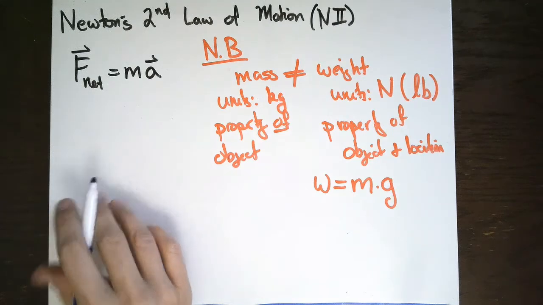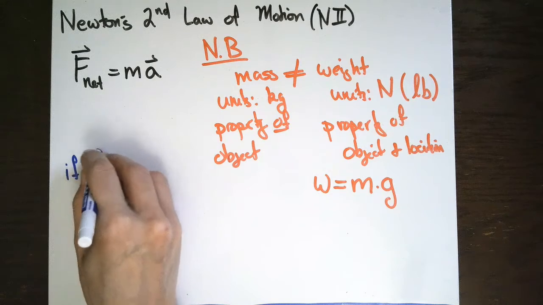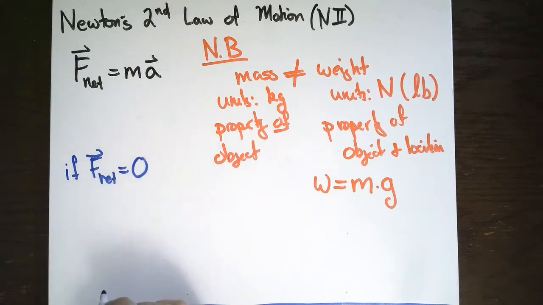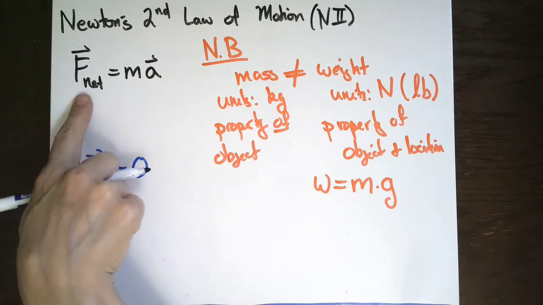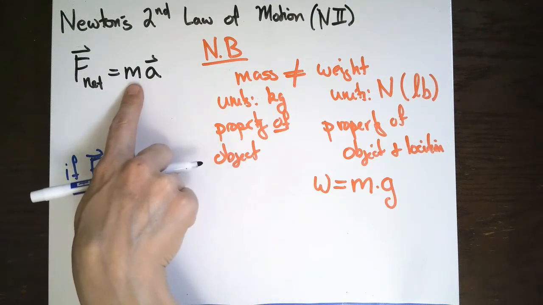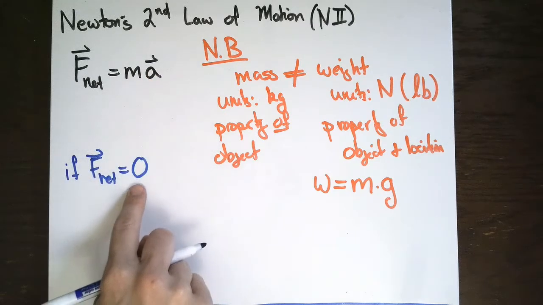The second thing to note: if all of the forces that are external to an object happen to add up to 0, well, from Newton's second law, we can say, all right, if the net force is 0, and it's an object, meaning it does have some mass, so mass is not 0, then acceleration has to be 0.